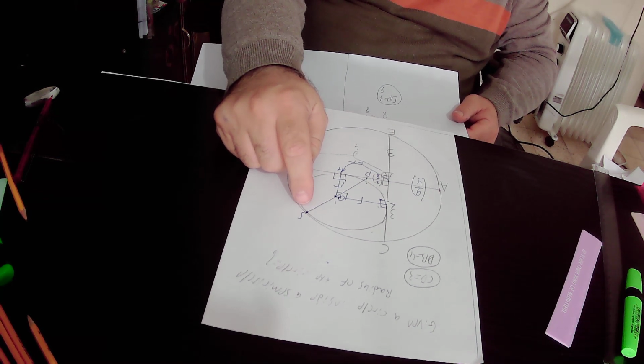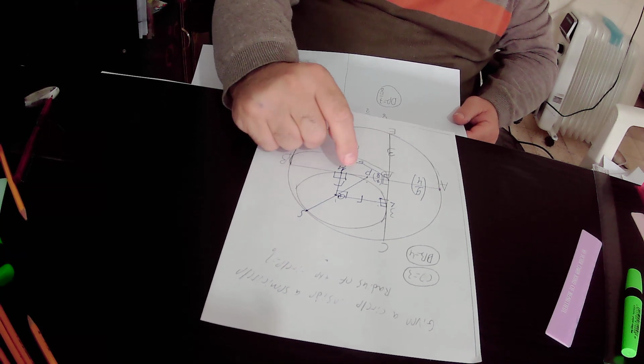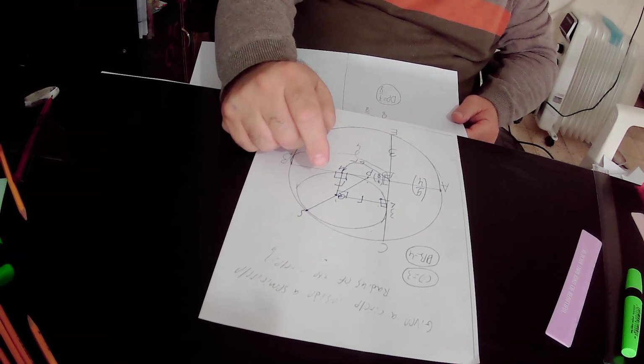Here point S is the point of tangency, and PQ must pass through point S.